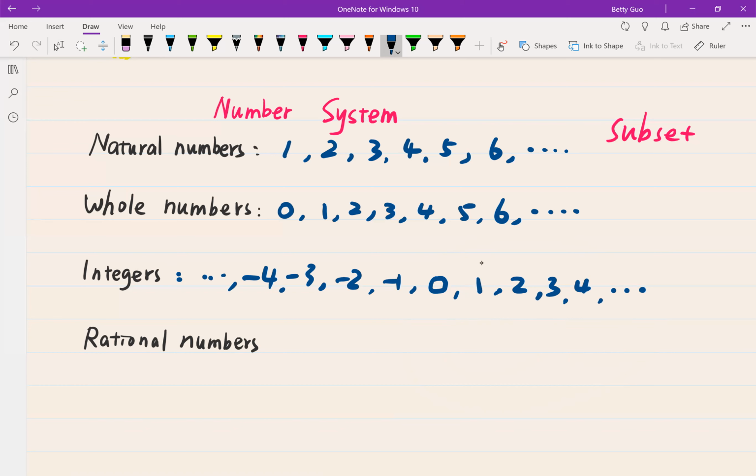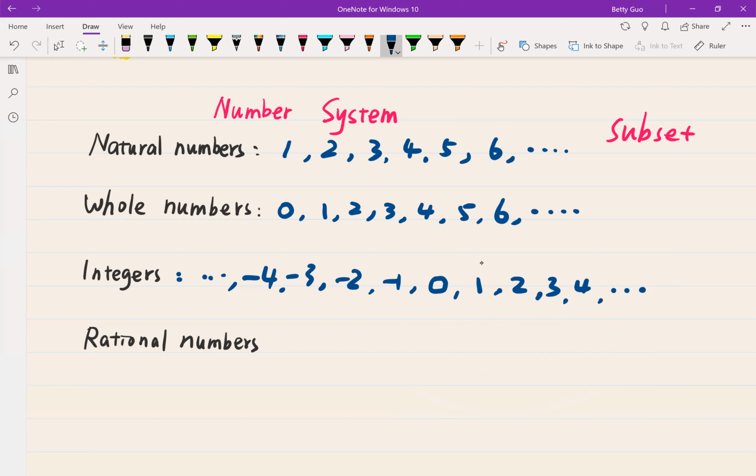So you can see integers. You can see there are infinitely many integers here. All the integers make a set. We call the set integer set. Integer set has 0, has all the whole numbers as members.